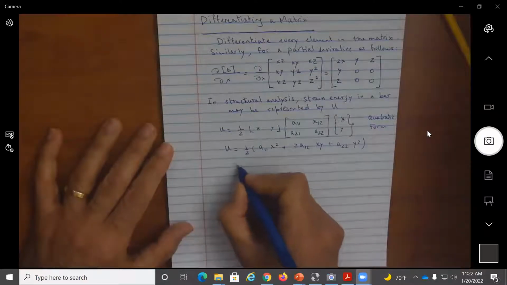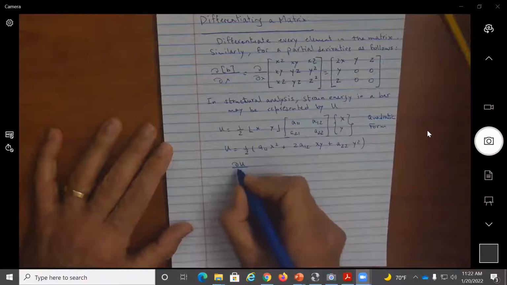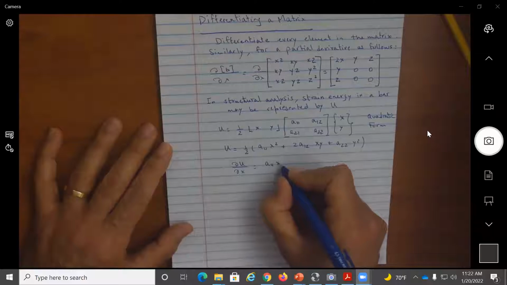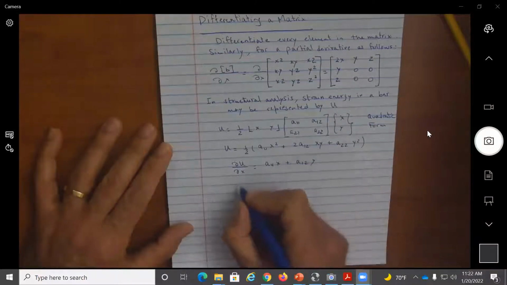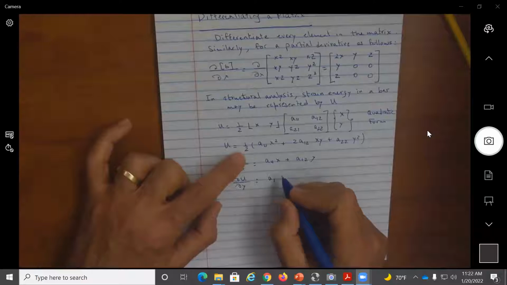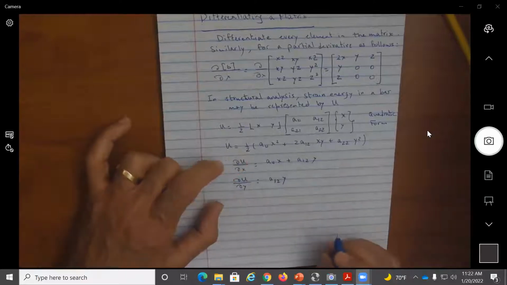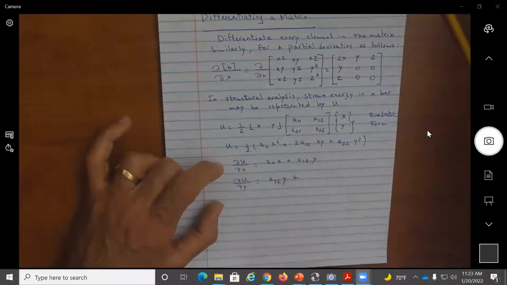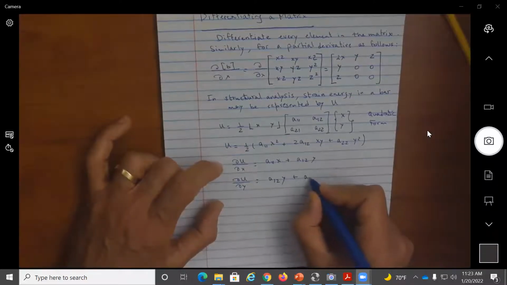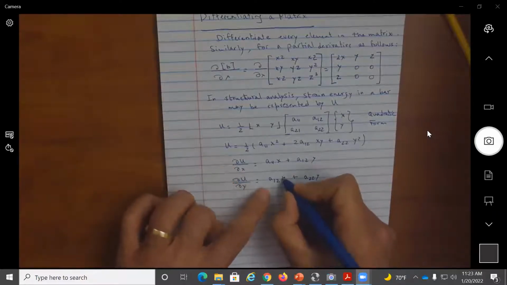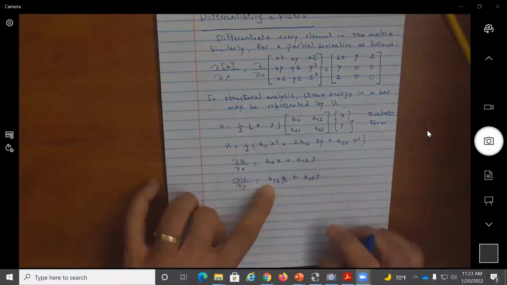Now, if I take the partial derivative of U with respect to X, that would give me A11 X plus A12 Y. The partial derivative of U with respect to Y would give me A12 X, I'm sorry, A12 X and A22 Y.